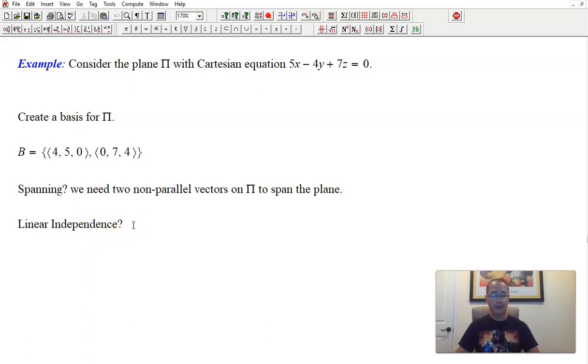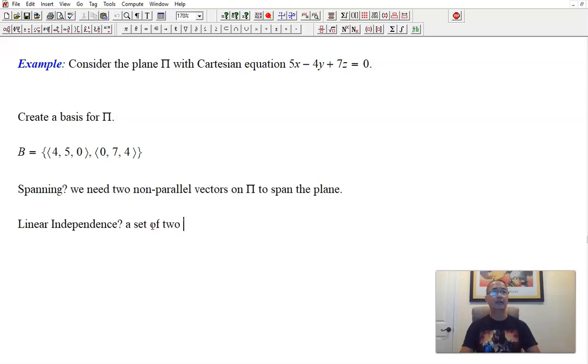What about linear independence? Well, if you read section 2.1, it was pointed out that if you have a set of two vectors, then those two vectors are linearly independent if and only if those two vectors are not parallel to each other. So the property of not being parallel actually helps out both for spanning and for linear independence.